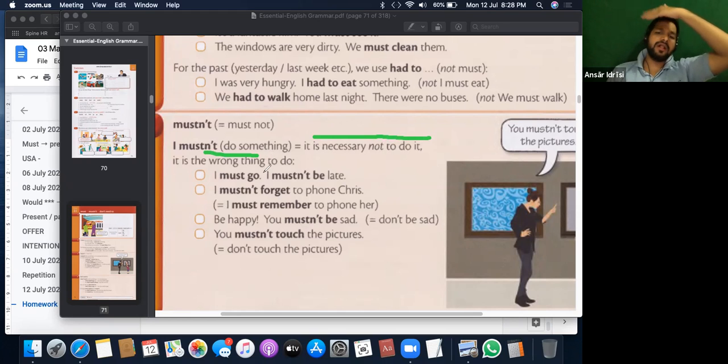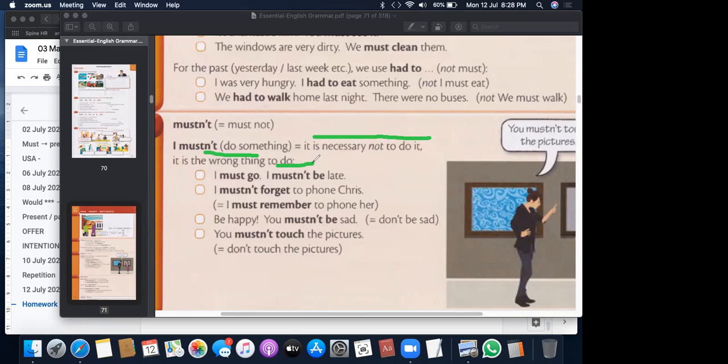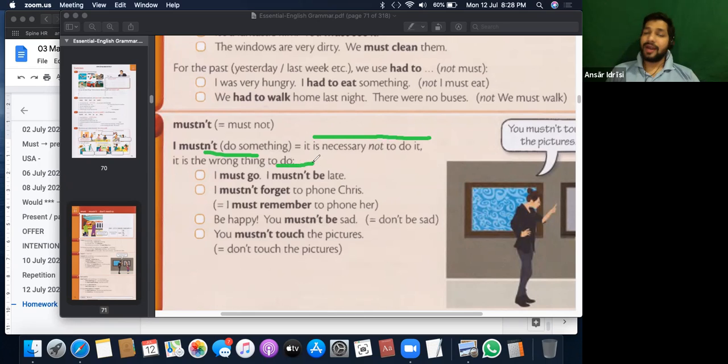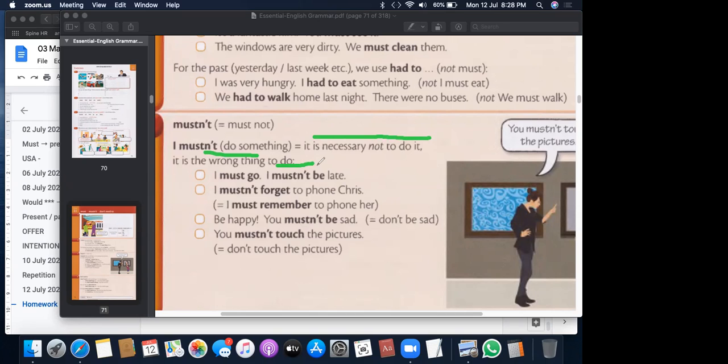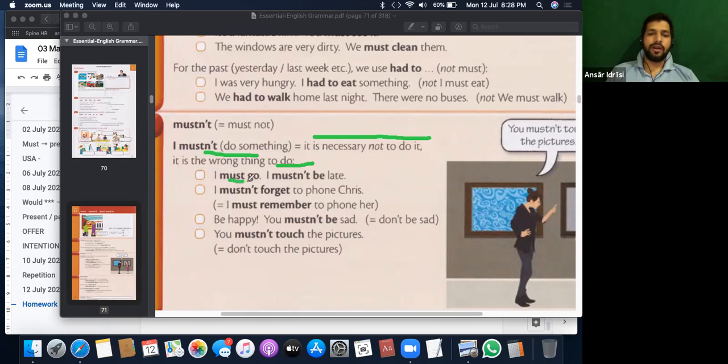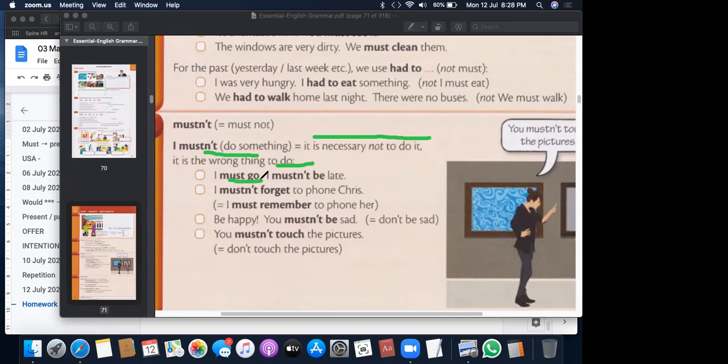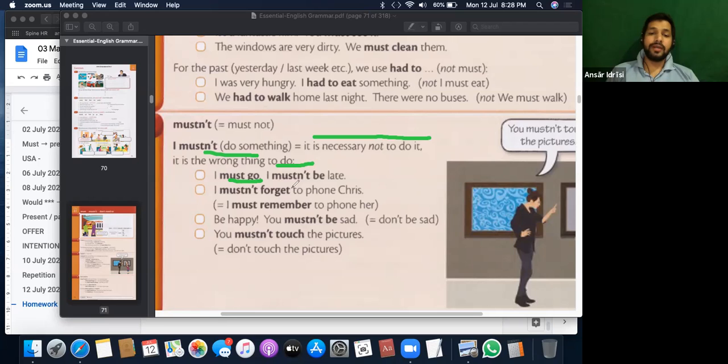Now, for example, I must go. I mustn't be late. Or I needn't be late. Correct. I mustn't be late. Or I needn't be late. Next, I mustn't forget to phone Chris. Or I needn't forget to phone Chris.